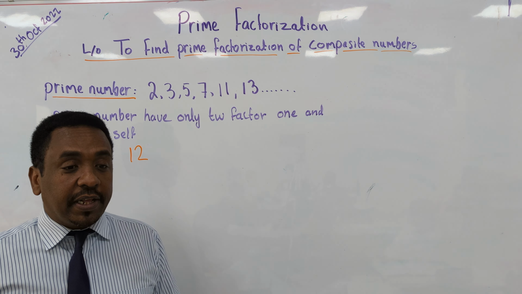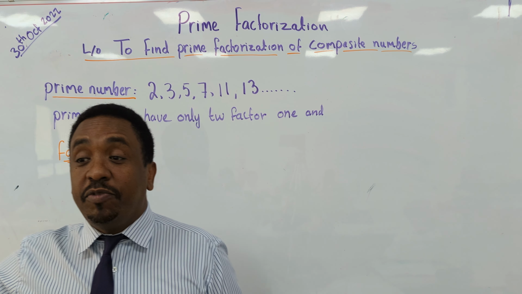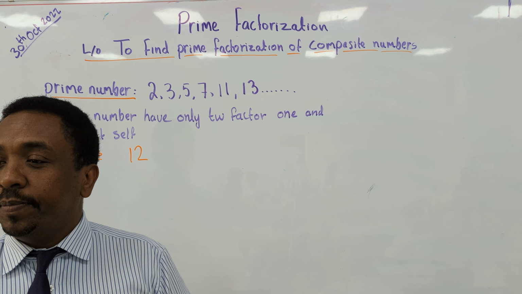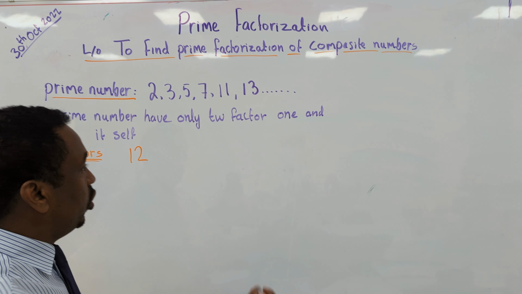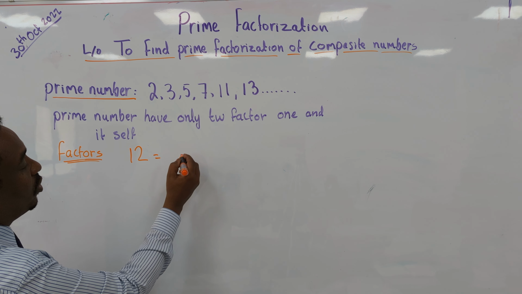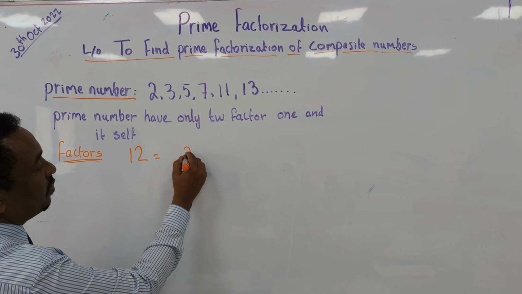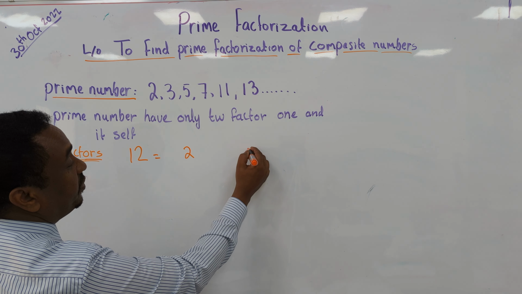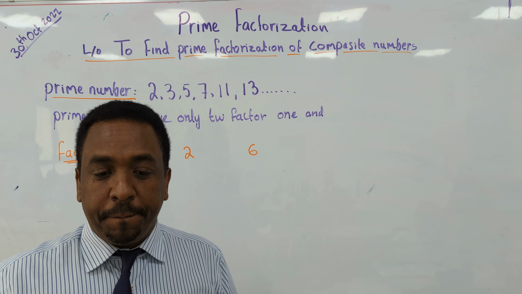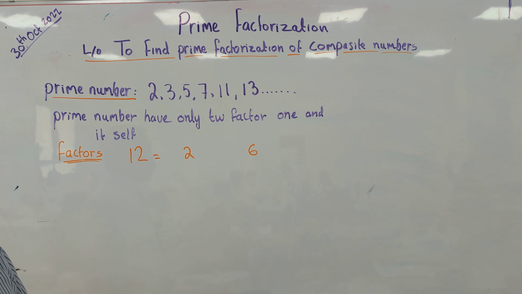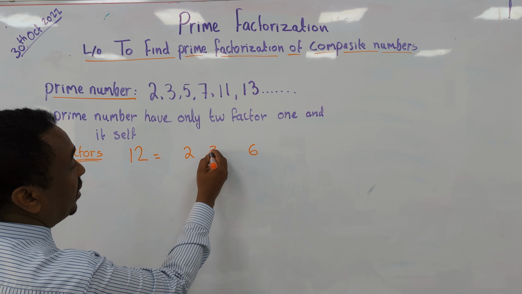When I say factors, it's the numbers that, when you multiply, give you 12. 6 multiplied by 2, of course. So 2 is one of the factors, and 6 is one of them. What else is there? There's more. 3 and 4. Also 3 and 4 will be factors.